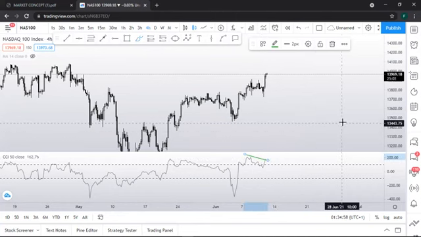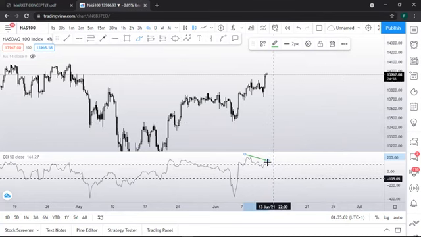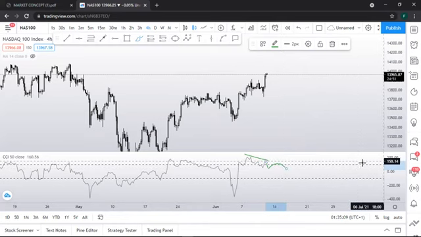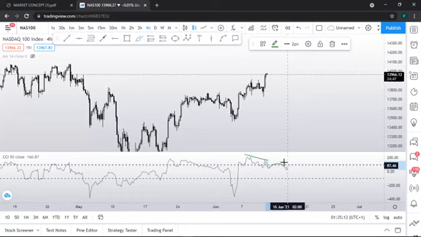So what I will be looking for is for my indicator to start dangling down, and when it finally crosses above this and starts trending below this band, probably an entry around here.